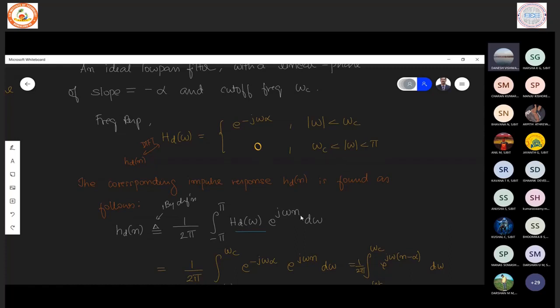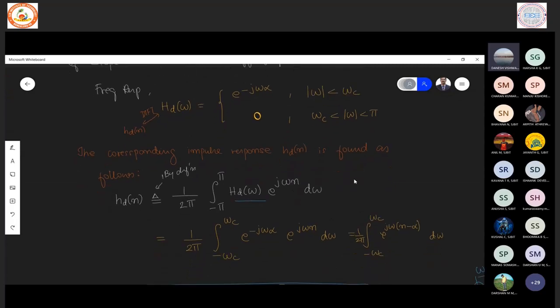In the DTFT formula, we have e power of minus j omega n, while in the inverse formula, we have e power of plus j omega n, and the integration is with respect to omega, therefore we have d omega.